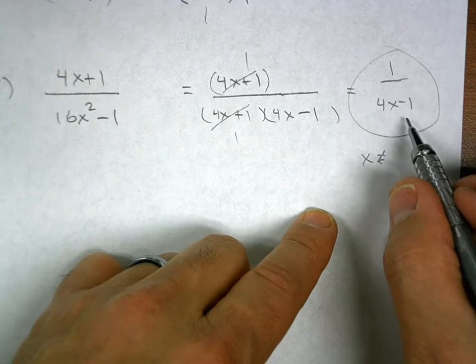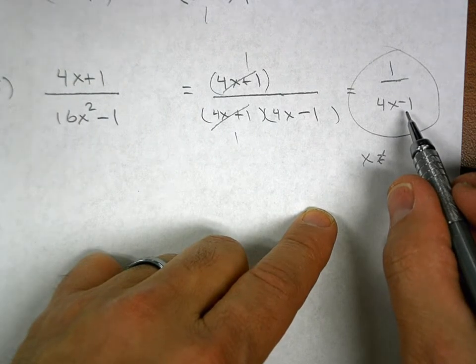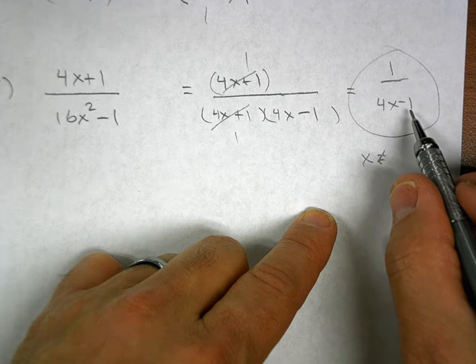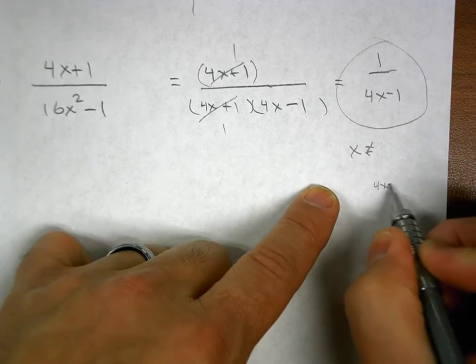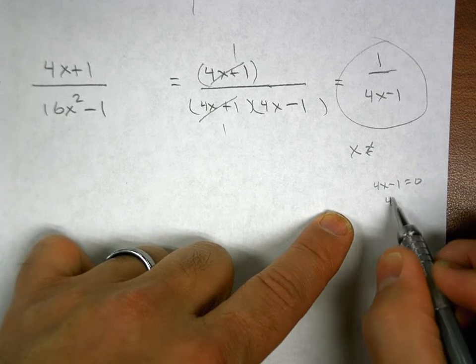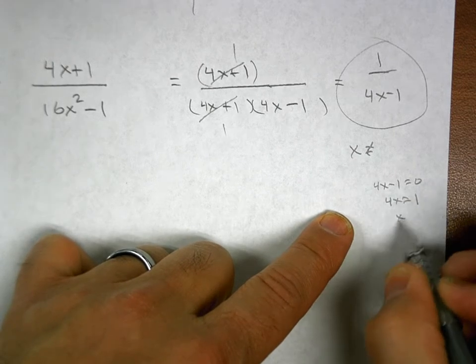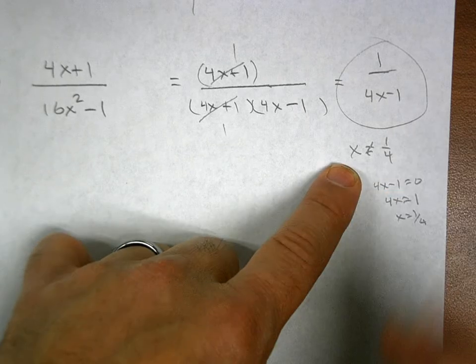You guys can do this in your head. x can't equal 1/4. If you want to know what makes that 0 that you have to throw out, just go 4x minus 1 is equal to 0. Solve it. Add 1, 4x equals 1, divide by 4, x equals 1/4. So I know x can't equal 1/4 because it makes it 0.